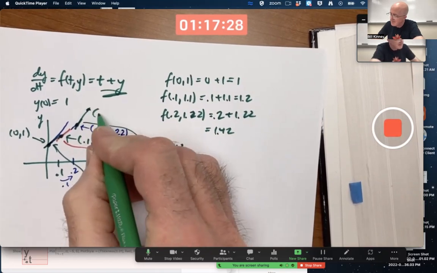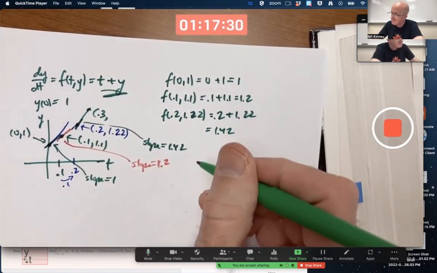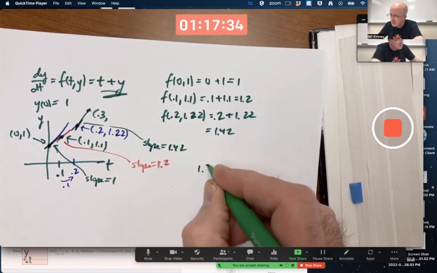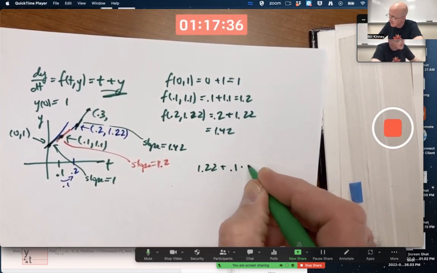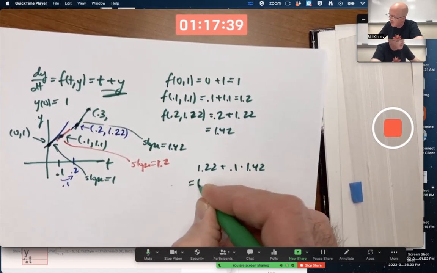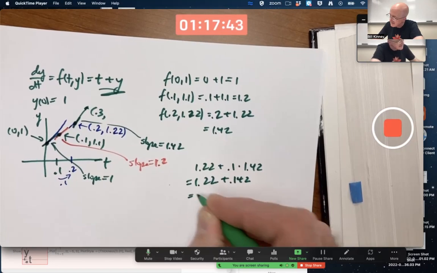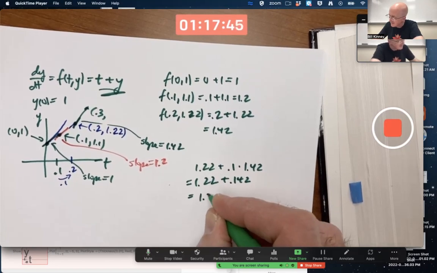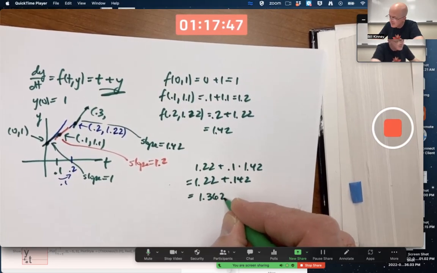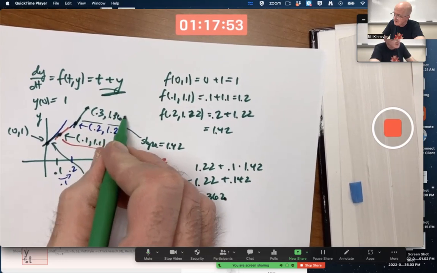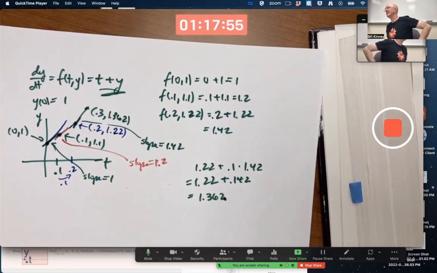The next point would be (0.3, 1.22 plus 1/10 of this). 1.22 plus 0.1 times 1.42. It's 1.22 plus 0.142, which is 1.362. Is that right? 1.362. That's the idea of Euler's method geometrically.